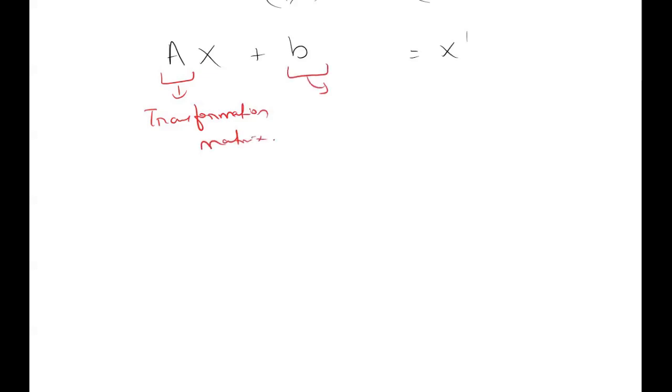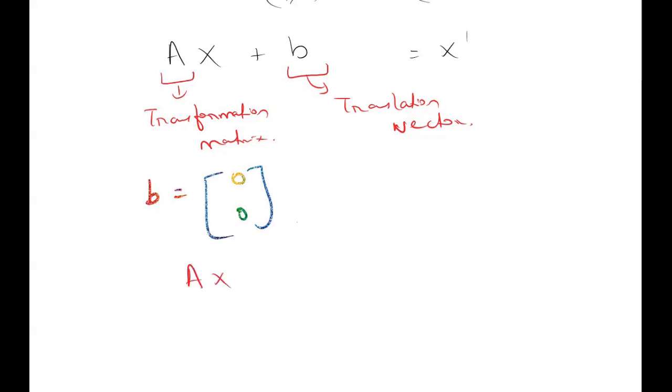And this vector B was also known as the translation matrix. But in this video, we are only going to talk about rotation. We are not going to talk about translation. So for us in this video, the vector B will become 0, 0. So effectively, we are left with AX equals X dash.